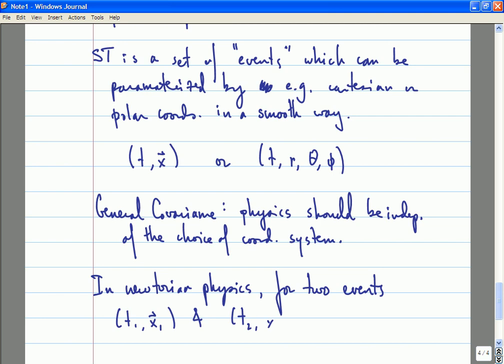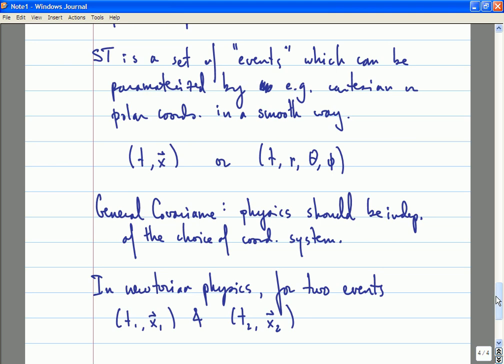We could then ask, given these two events, what are the interesting physical quantities that I might consider when formulating my laws of physics? Now, the numerical value of t1, for example, is not something that independently has any physical meaning. t1 is just the label that I use to measure a particular value of time in some coordinate system. It could be the time as measured from midnight last night, or the time as measured from midnight tomorrow, and the numerical value of t1 won't have any physical significance.